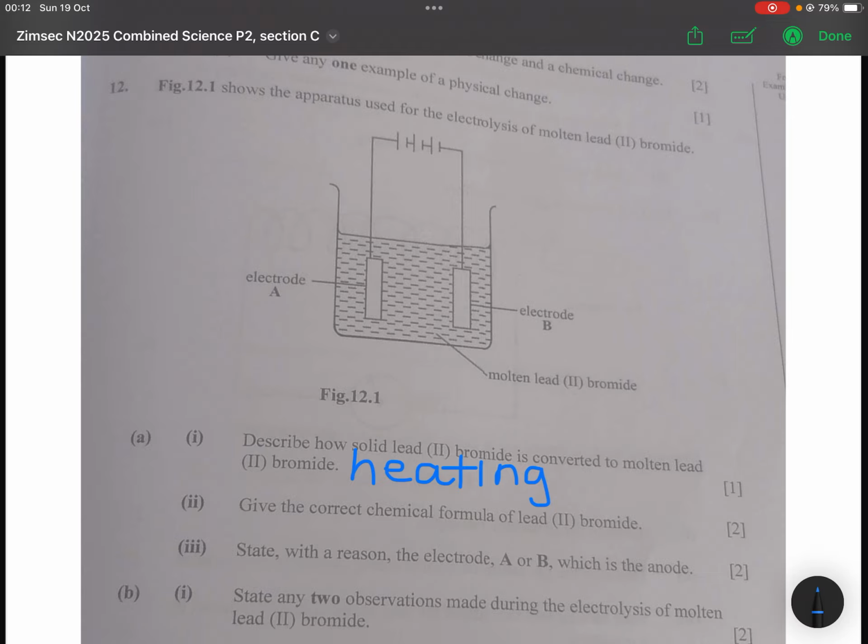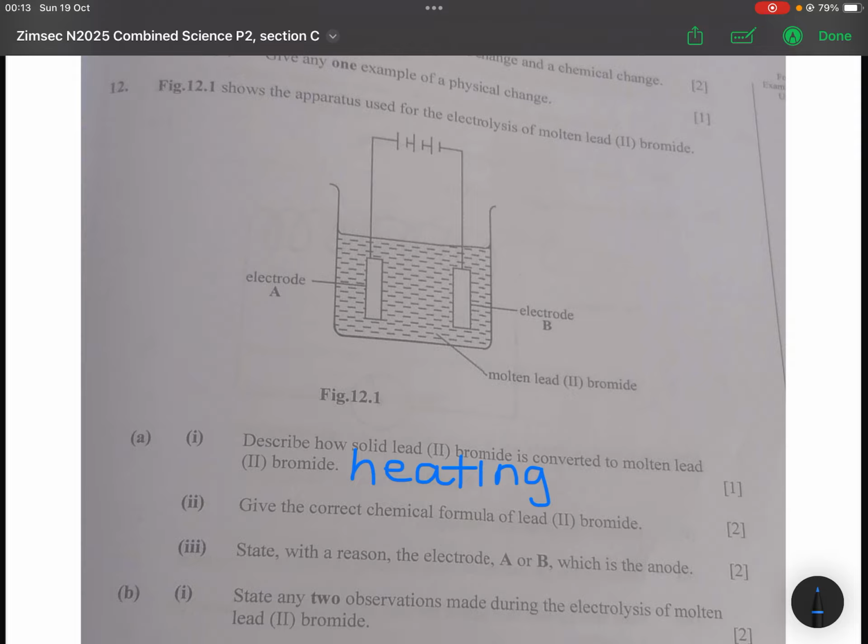The solid lead bromide is heated above its melting point, resulting in the ionic bonds between lead(II) ions and bromide ions weakening, and the solid structure breaks down. The resulting molten lead bromide is liquid, and it is used in electrolysis.